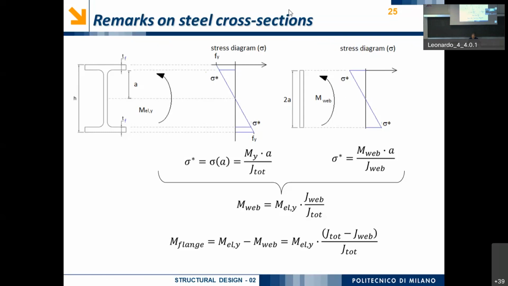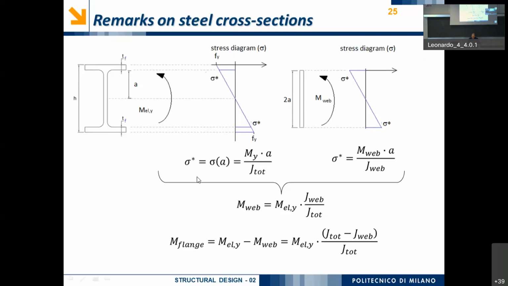So we know that the value of the stress at the opposite ends is equal to f_y. But we are interested in the value of the stress sigma star at this point, for example, where we have the connection between the web and the flange.